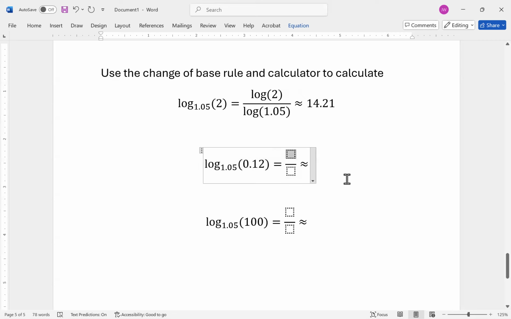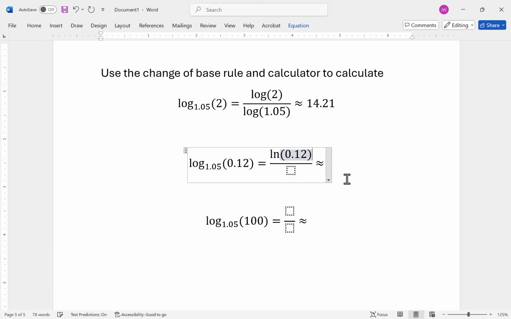In the same way, if I take log or natural log of 0.12 and divide it by natural log of 1.05, I will get log base 1.05 of 0.12.